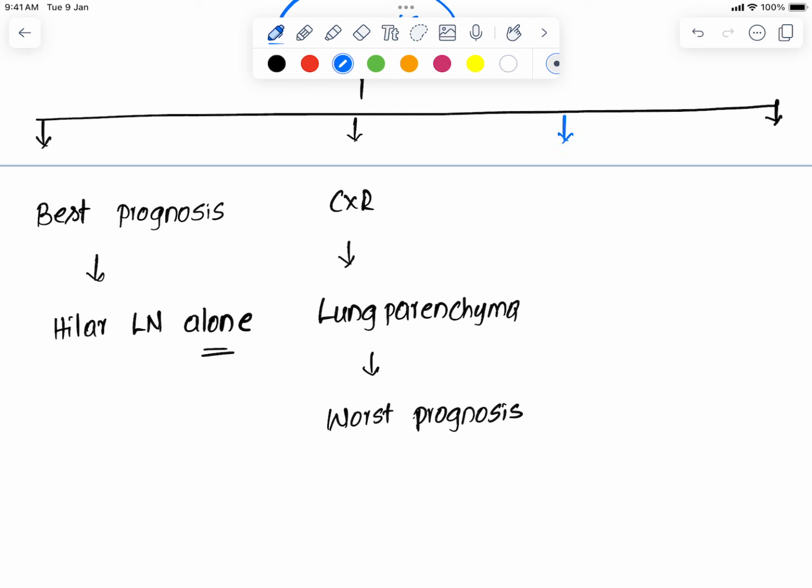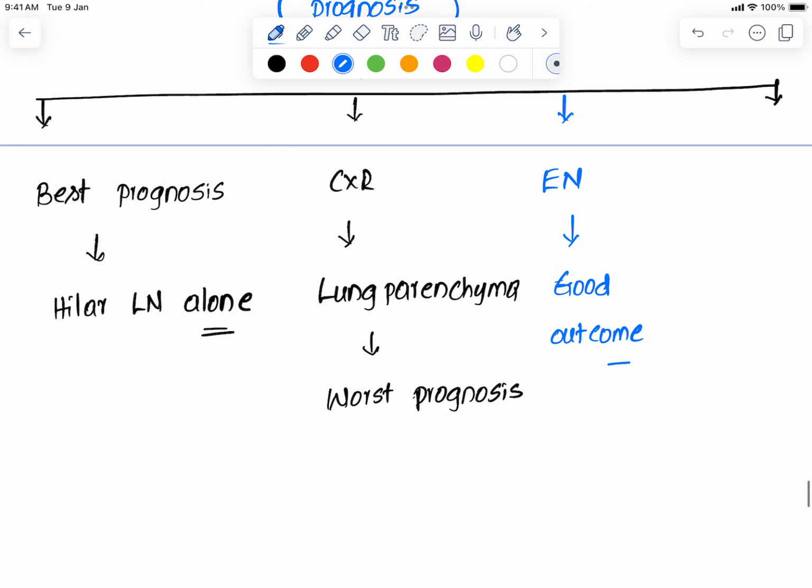Whereas another important dermatological complication, erythema nodosum, these patients tend to have a good outcome.